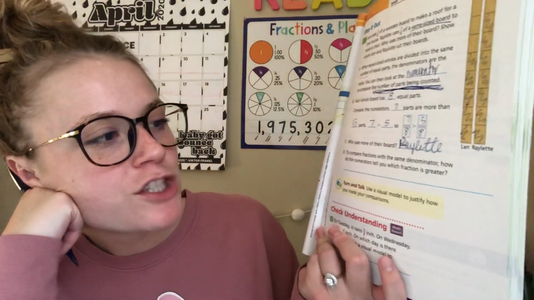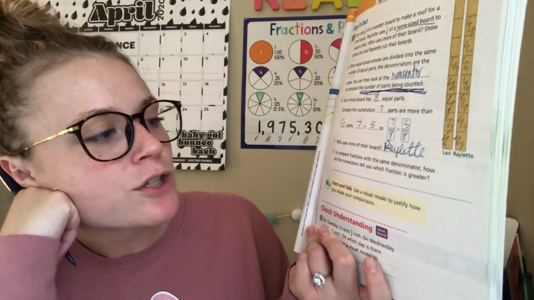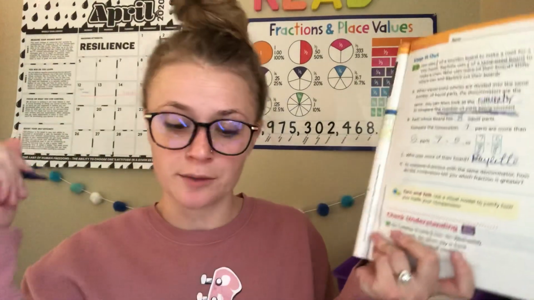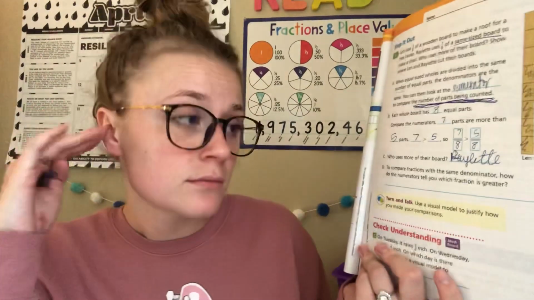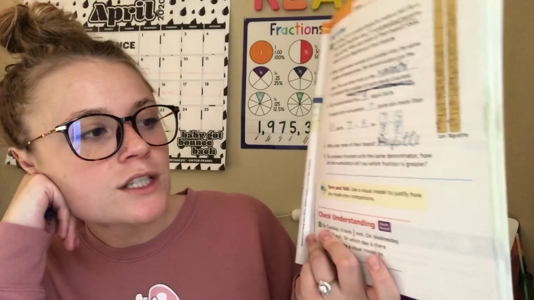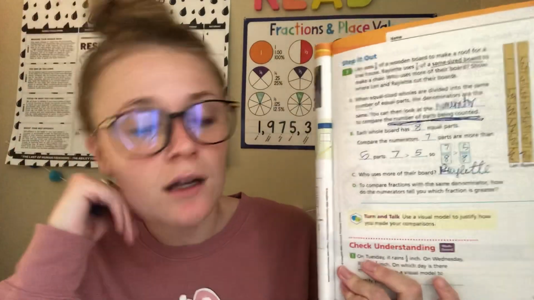To compare fractions with the same denominator, how do the numerators tell you which fraction is greater? Well, how does it tell you? We've talked about this a lot. To compare fractions with the same denominator, how do the numerators tell you which fraction is bigger?